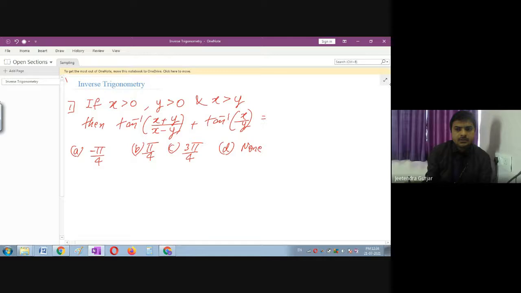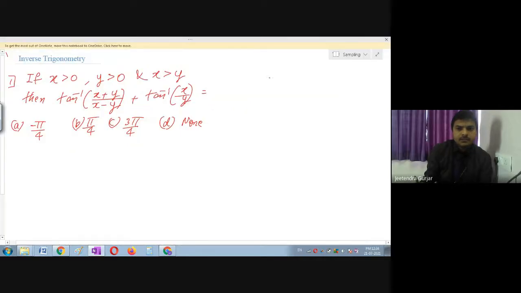How will you simplify this manually? Very quickly, within 2 to 3 minutes, you can simplify this type of example. Just substitute x is equal to y is equal to 1.